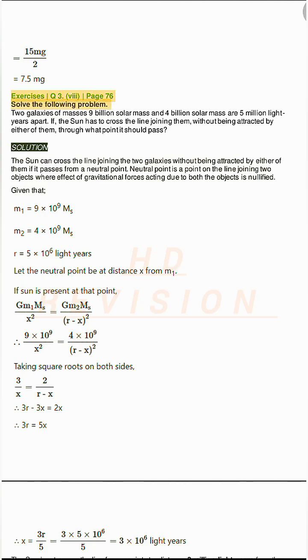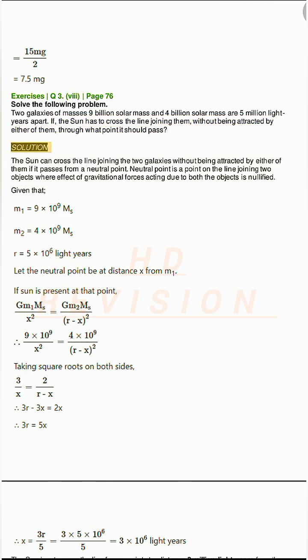Exercises Q3. B page 76. Solve the following problem. Two galaxies of masses 9 billion solar mass and 4 billion solar mass are 5 million light-years apart. If the Sun has to cross the line joining them, without being attracted by either of them, through what point should it pass? Solution.